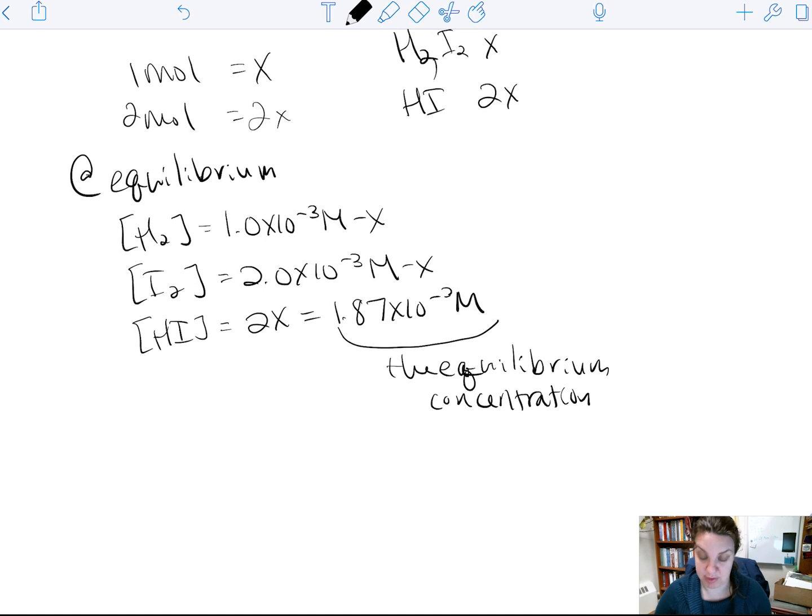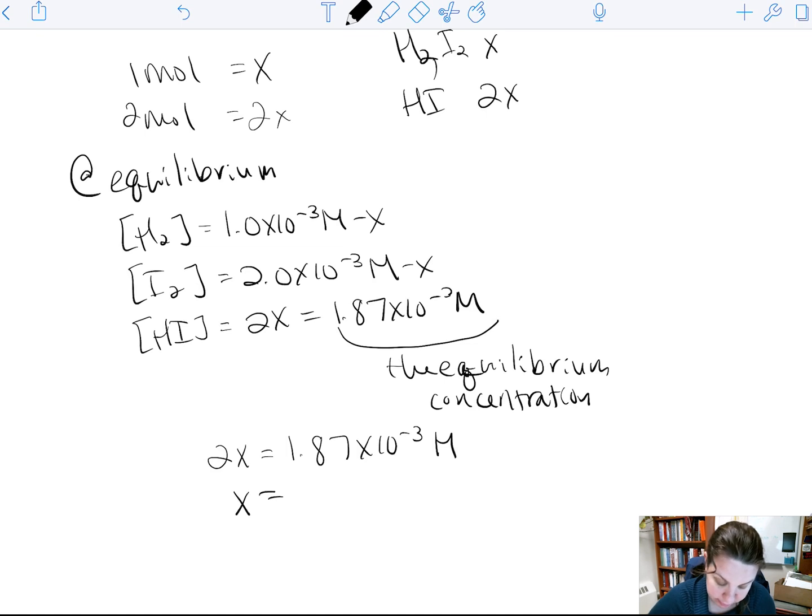So, it's actually a pretty easy way of dealing with this. We would say, okay, I've got this equilibrium concentration, and I have these x values. If 2x equals 1.87 times 10 to the negative 3 molar, x would equal 9.35 times 10 to the negative 4 molar.